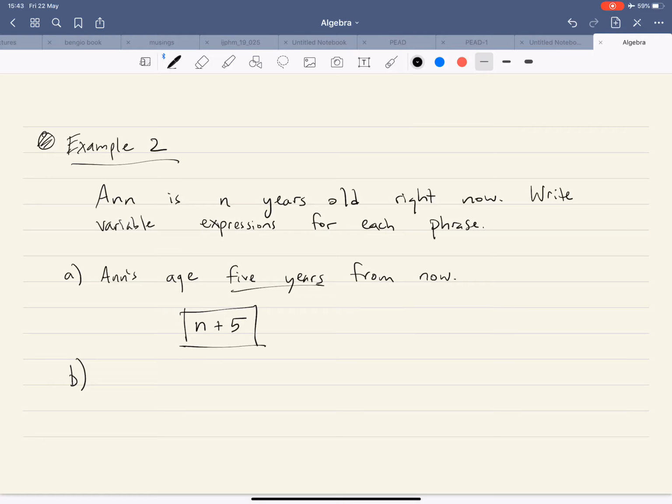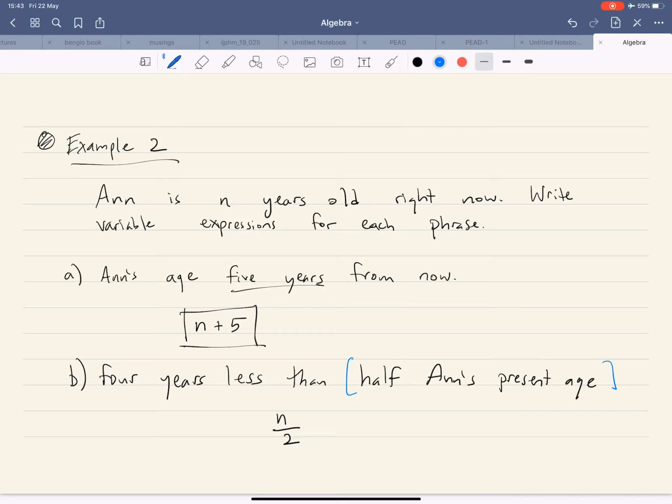So the next phrase that we're going to look at is 4 years less than half Anne's present age. So we have this, half Anne's present age, which is going to be n over 2.